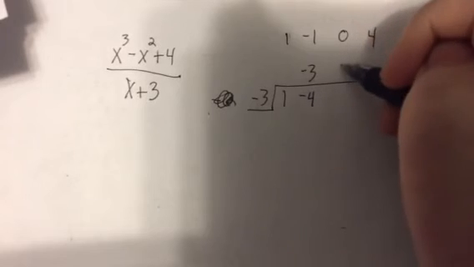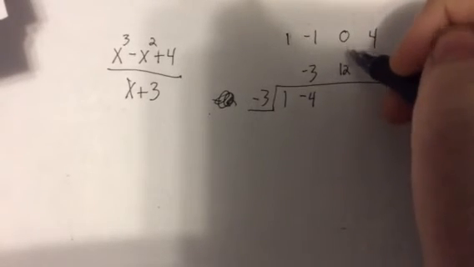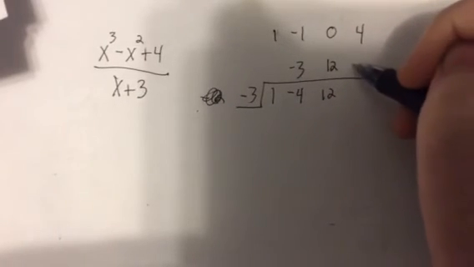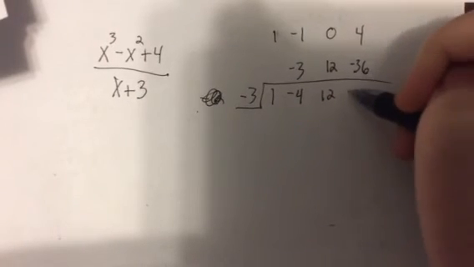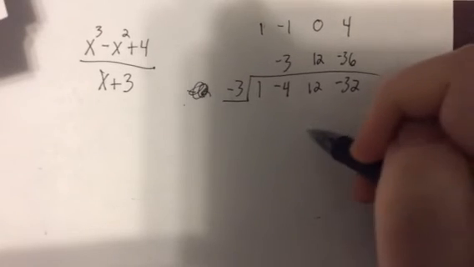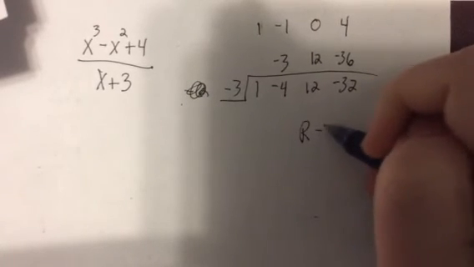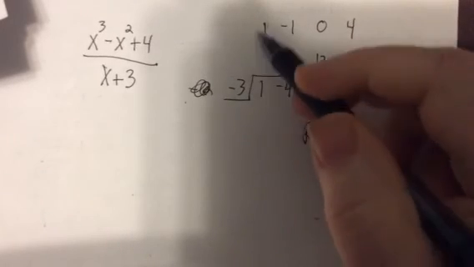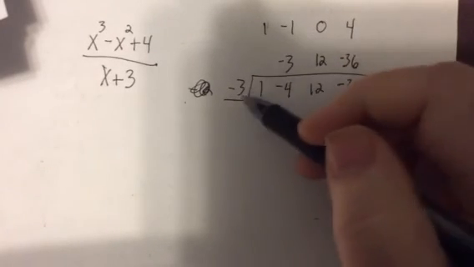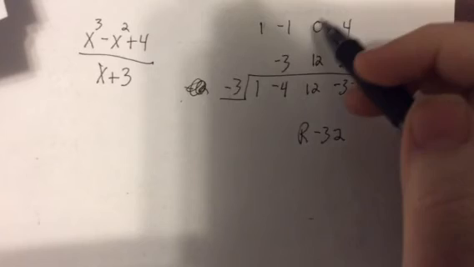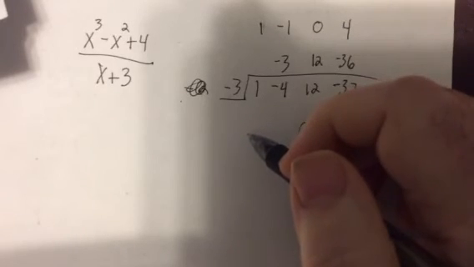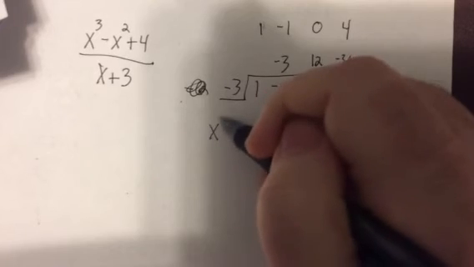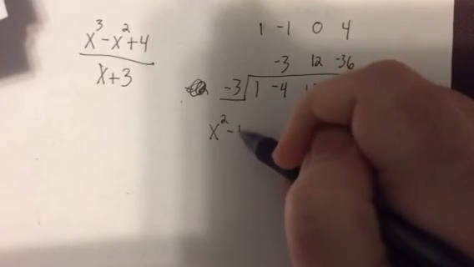So the remainder is negative 32 if I didn't make a dumb mistake, which I'll be honest, right now I'm half asleep, or half awake, or a fourth hungry. So it'd be x squared minus 4x.